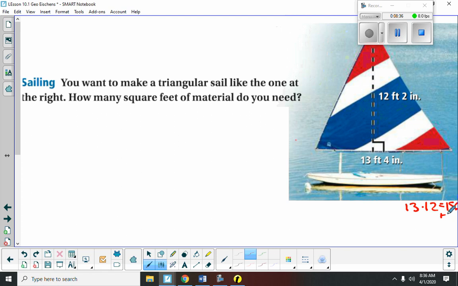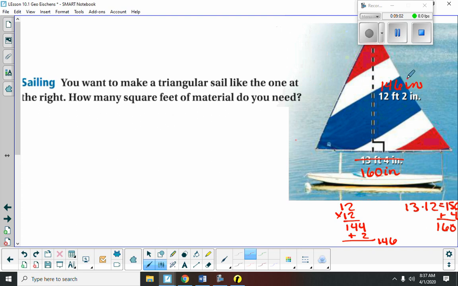Then we add the 4 inches, so this is 160 inches. And then 12 feet times 12 inches in a foot is 144. Then we add the 2 inches, so this would be 146.